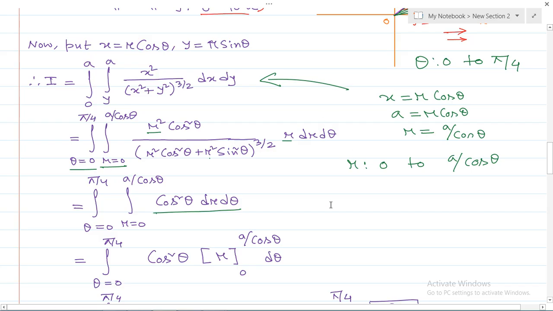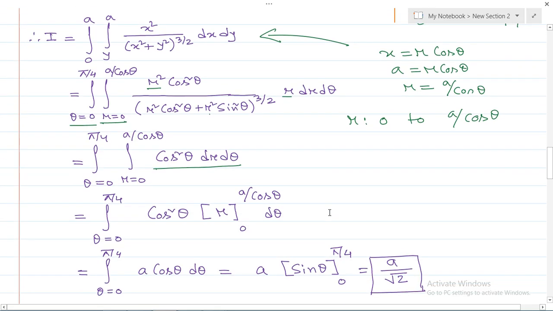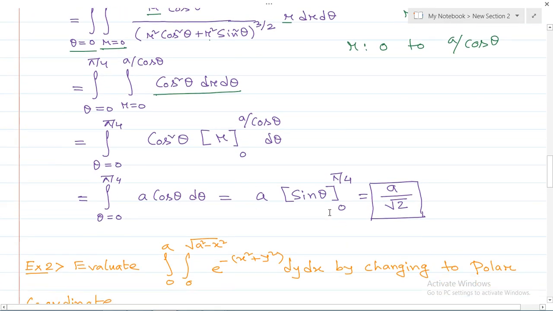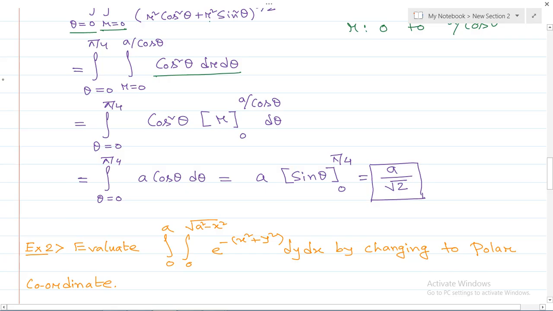Since we have to perform the integration with respect to r first, the cos theta terms will be considered constant. So cos square theta will be taken out of the integral, and we have the integration of dr from r equal to 0 to a upon cos theta.